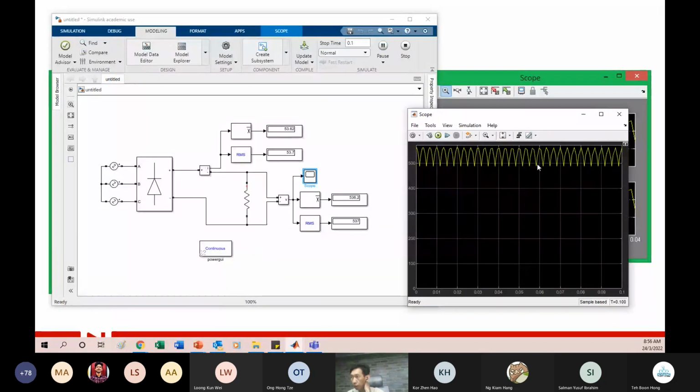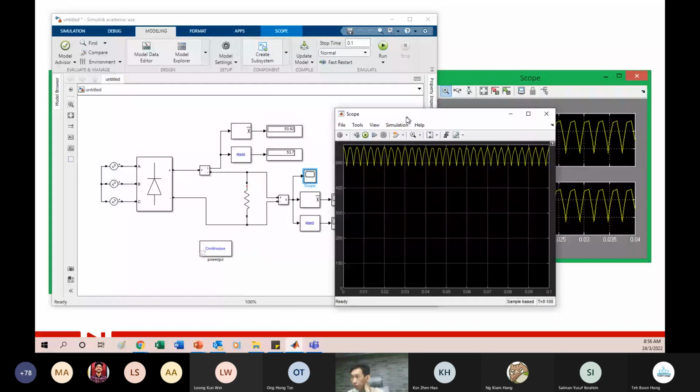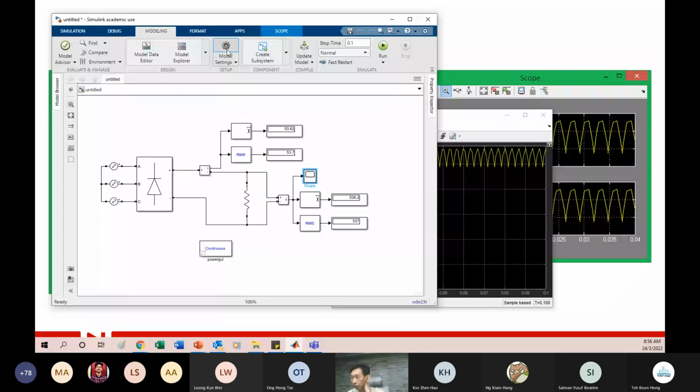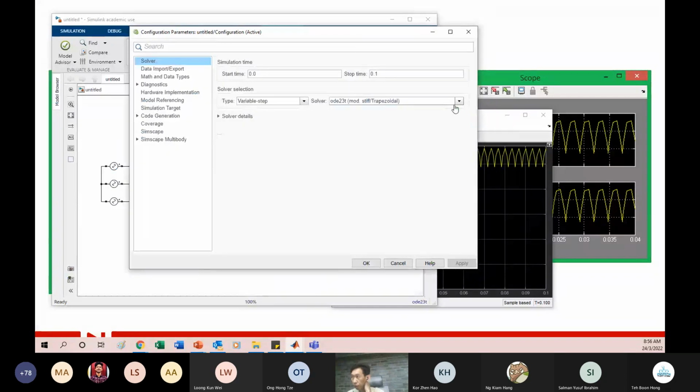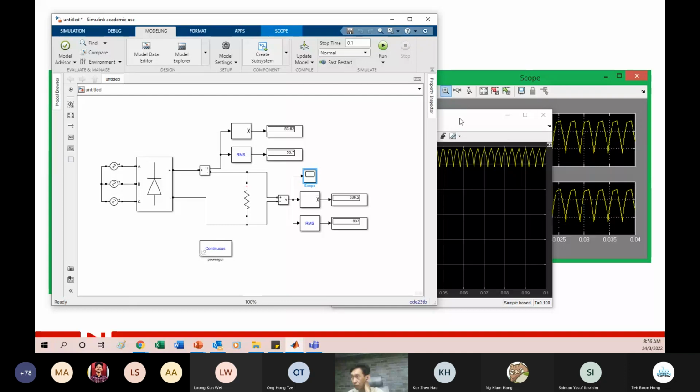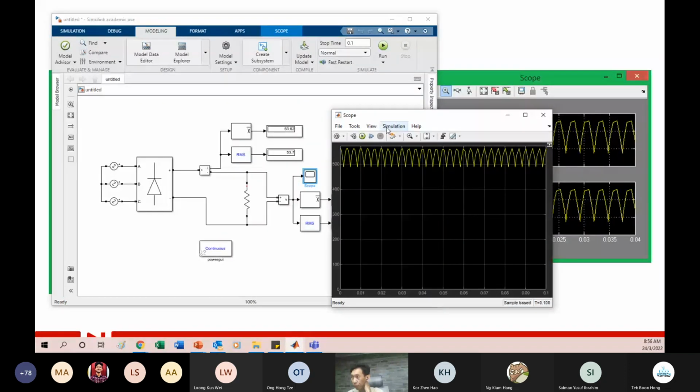Still the same, not much better. Sometimes you have to play around with all these solver settings so that you will know which one is best for your simulation result.